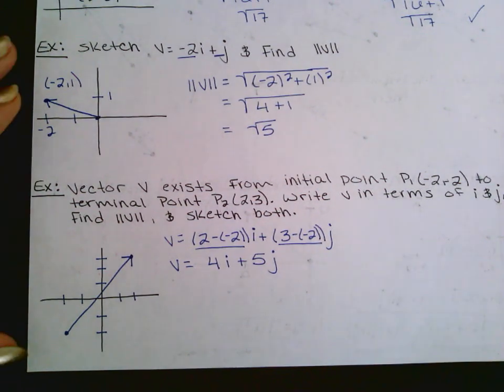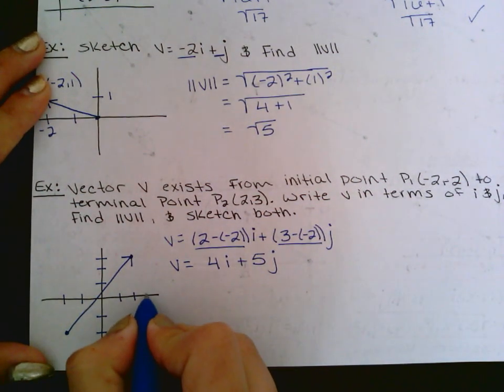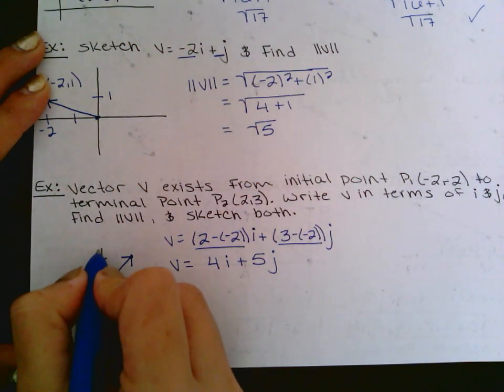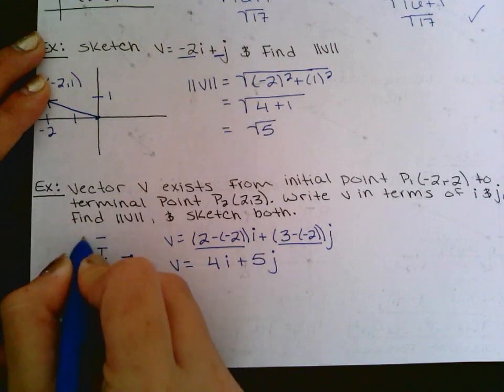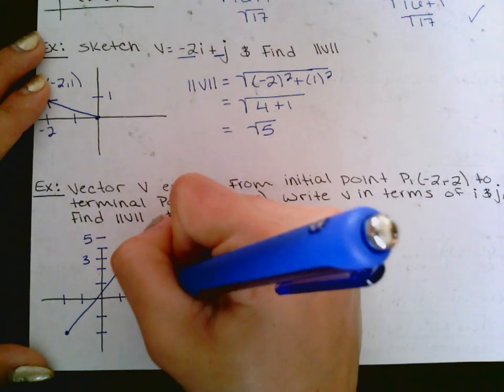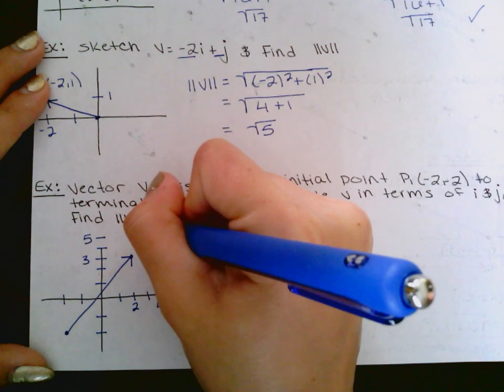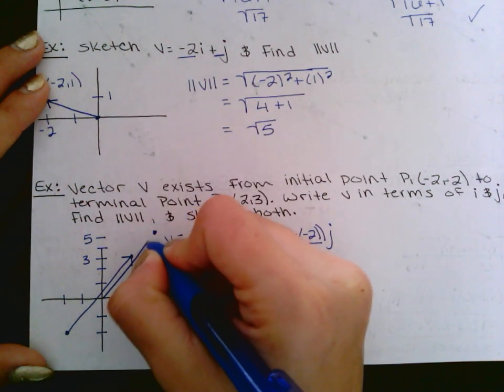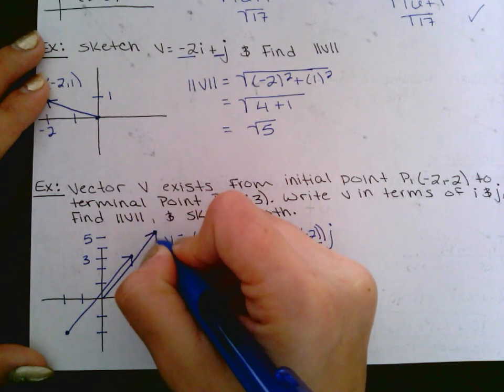Now, if I wanted to draw that one, I would have to go up to 4 on my x and up to 5 on my y. I only need that one point, and then I would draw that one stemming from the origin.